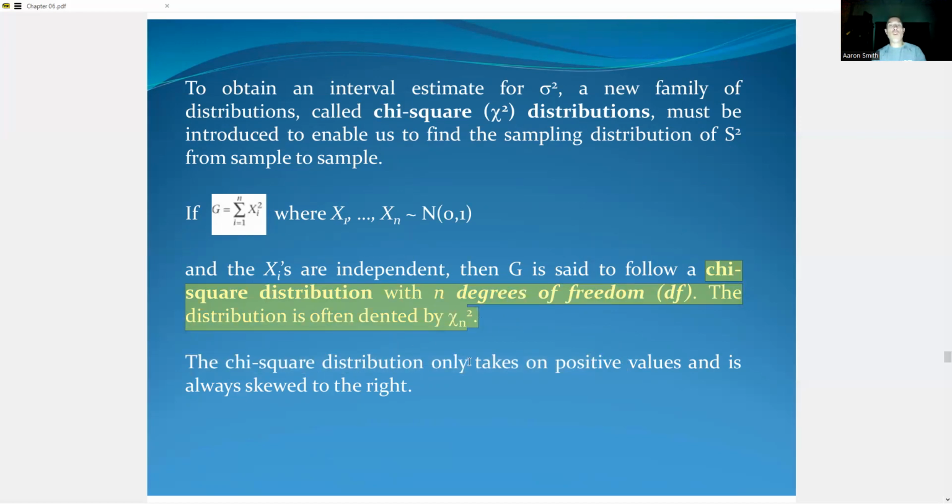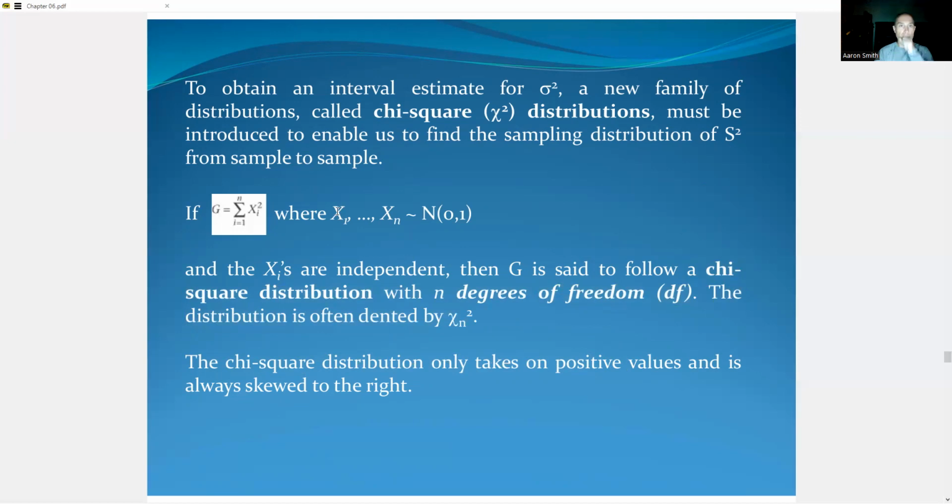The chi-squared distribution only takes on positive values and is always skewed to the right. Notice that I've got squaring on there, so it has to be positive or 0, and so almost surely it's going to be a positive value, and it will be skewed right.